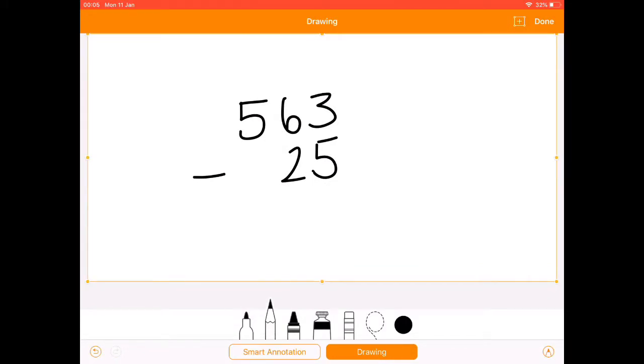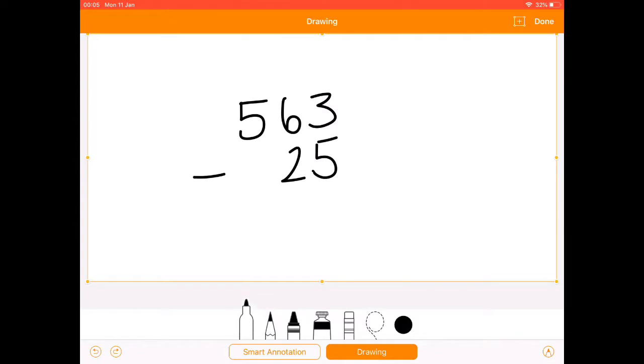Otherwise, you might get a little bit mixed up. So I've placed the units all together here. So my 3 units take away my 5 units. I've also done my tens together and my hundreds together to make sure that they're all lined up properly in the correct columns. Otherwise, like I said, I'm going to get the wrong answer.